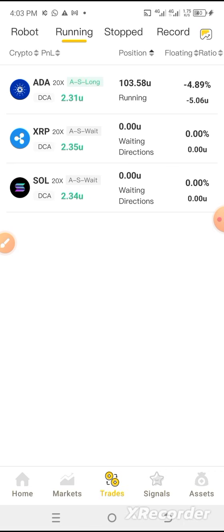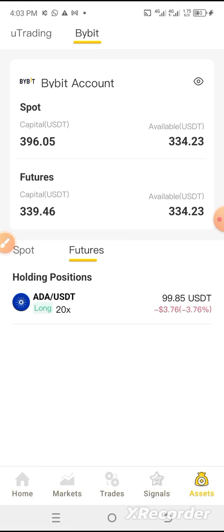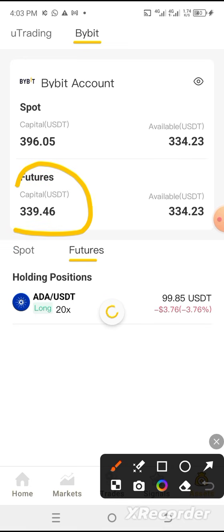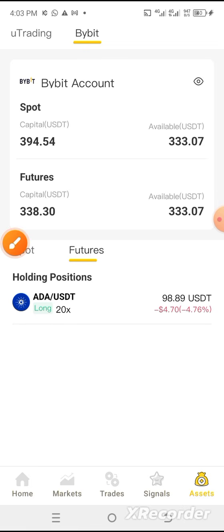Now look here, coming to assets, it's only one coin that is trading presently, and we have $338 presently. It is reducing as the coin is reducing and so on. But we based this trade on $300.